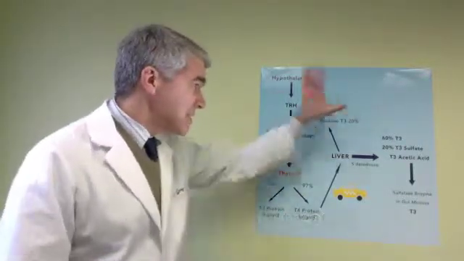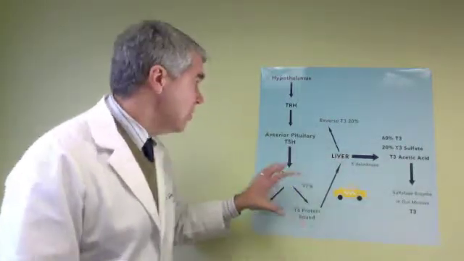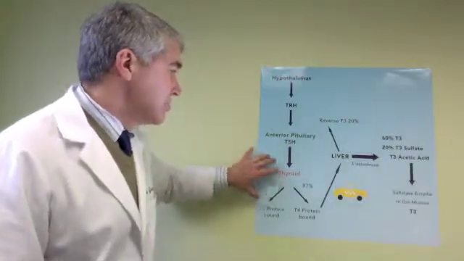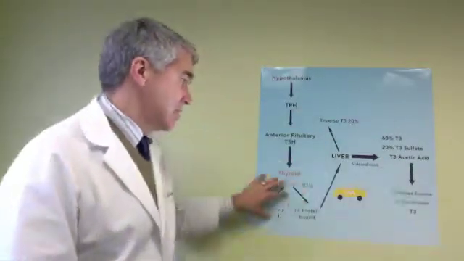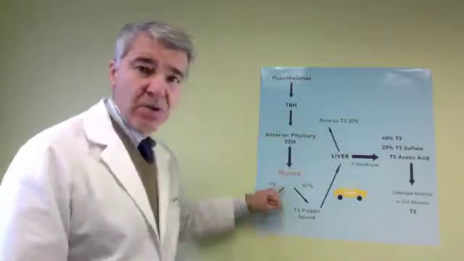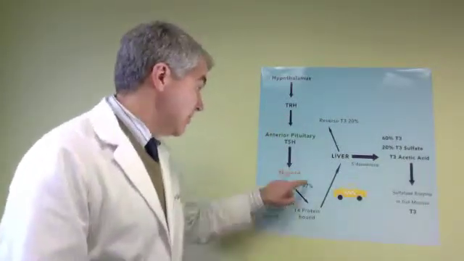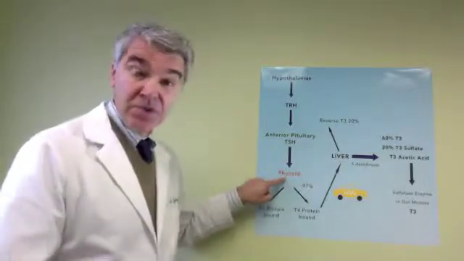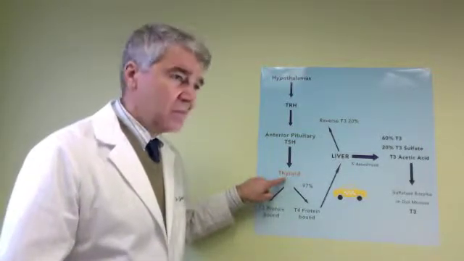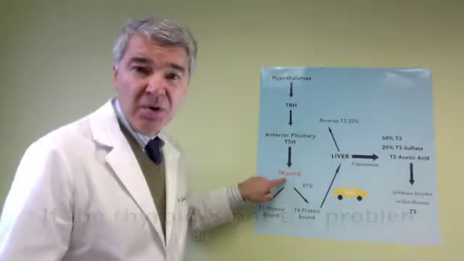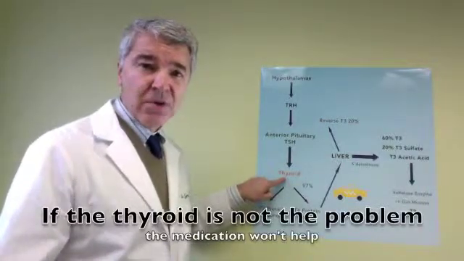As you look at this, and if you looked at my previous videos, you know that the thyroid is really a system of things that all come together in order for you to have a proper functioning thyroid. So if it's not the thyroid, which you're taking medication for, then the medication's not going to work. You could take all the medication in the world and it's not going to work.